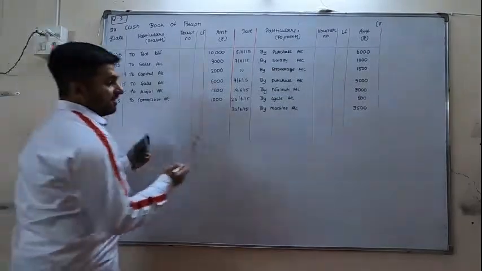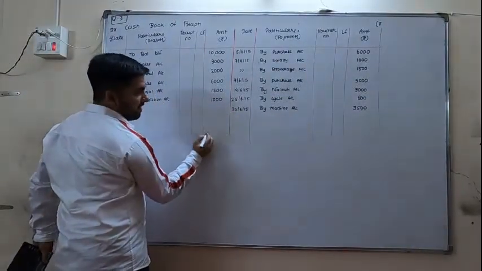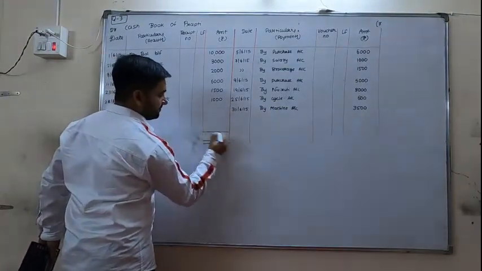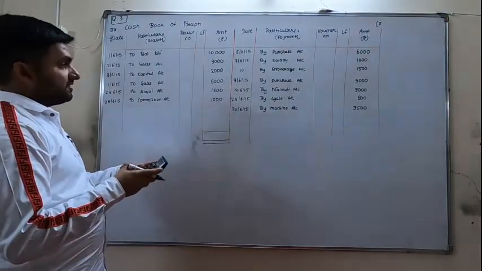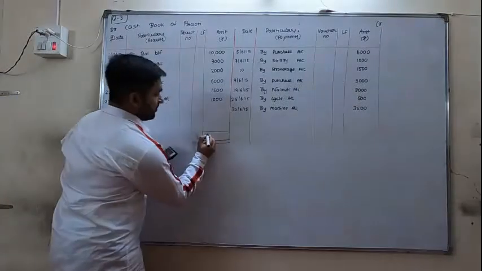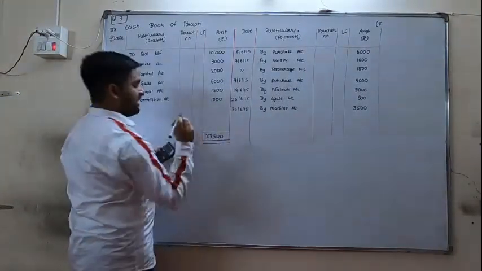So after leaving 3 lines, we will take the total of the debit side. The debit side is always more: 10,000, 3,000, 2,000, 6,000, 1,500, 1,000. Total is 23,500 for cash.